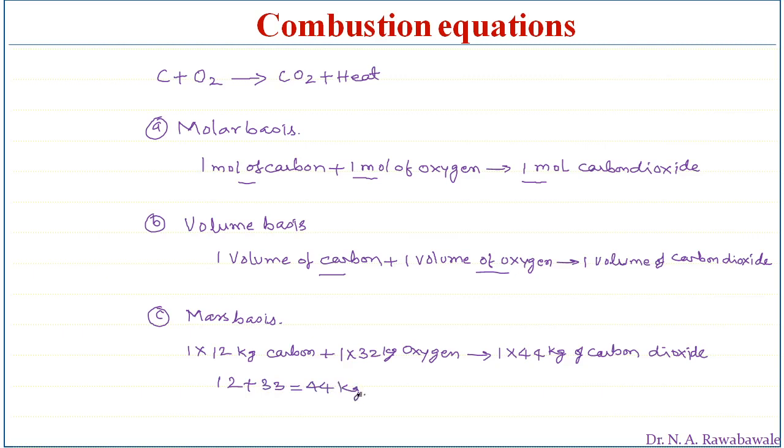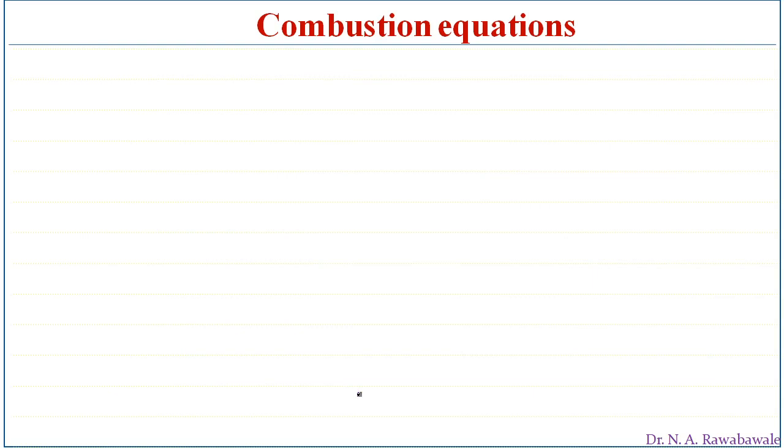So coming to the reaction equations, we will look into reaction equations or combustion equations in detail, as the equations of stoichiometric or chemically correct mixtures are classified into various categories.